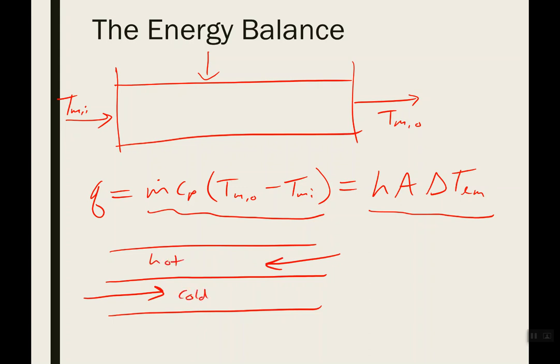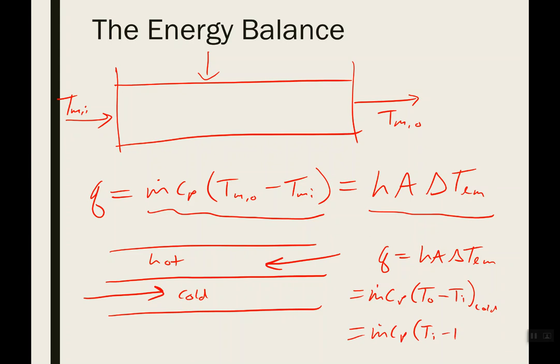Then the energy exchange between them would be HA times delta T LM, which would be equal to m dot Cp times (T outlet minus T inlet) of the cold fluid, which would also be equal to m dot Cp times (T inlet minus T outlet) of the hot fluid.